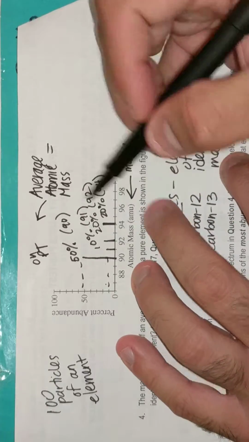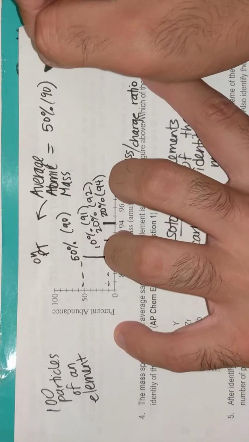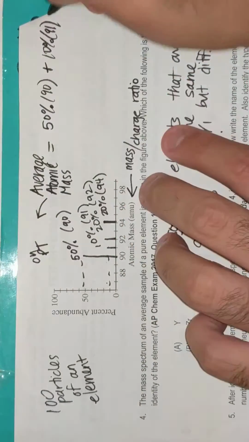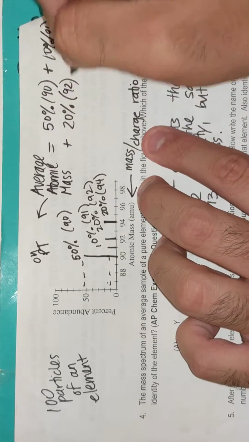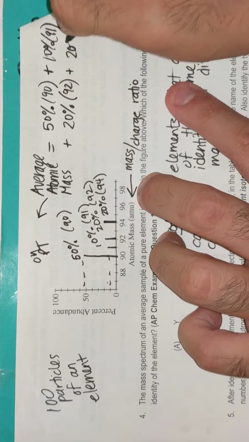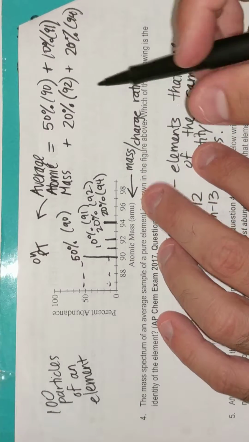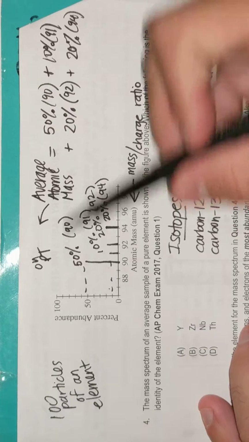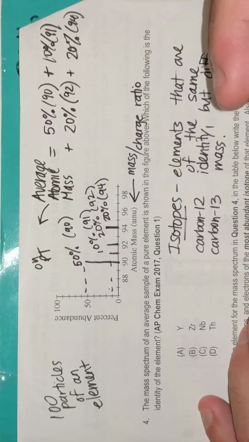I take these weighted averages: 50% of 90, plus 10% of 91, plus 20% of 92, plus 20% of 94. Basically, to get the average atomic mass, I take the percent abundance of each mass, multiply it times that mass, and add them all together.